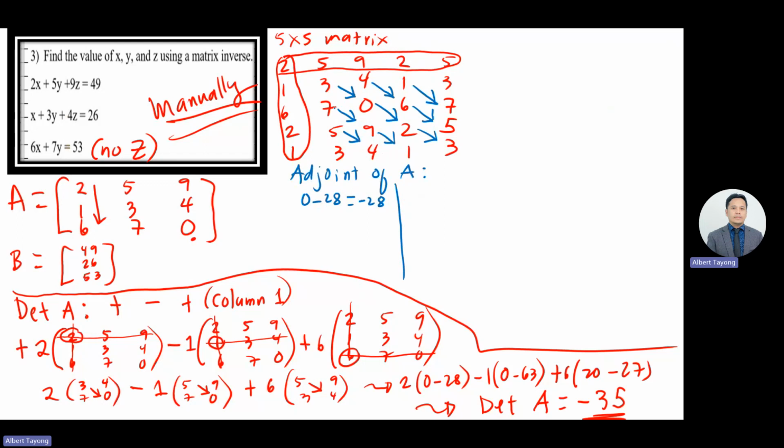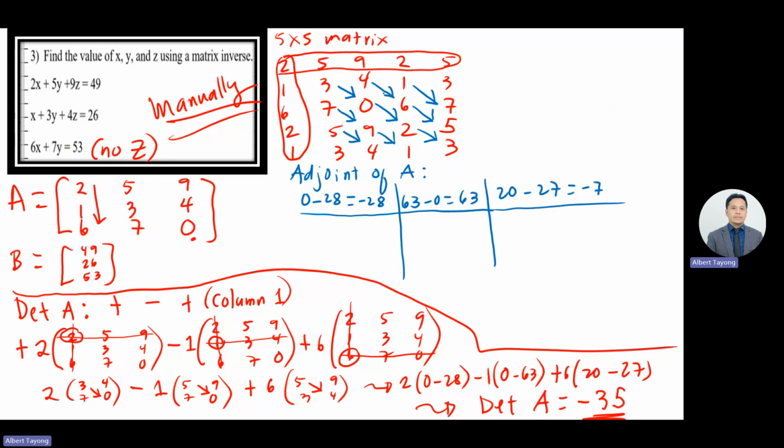The next is 7 times 9, 63, minus 5 times 0, the 0 equals 63. And then we have 5 times 4, 20, minus 3 times 9 is 27, equals negative 7. This is for the first.